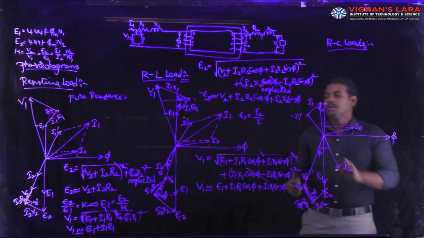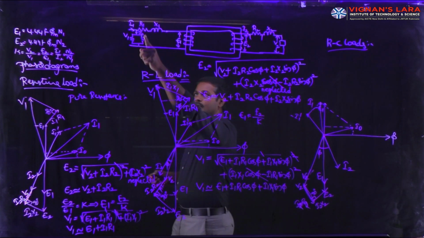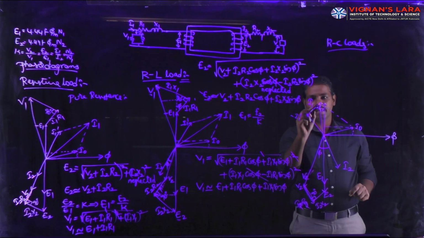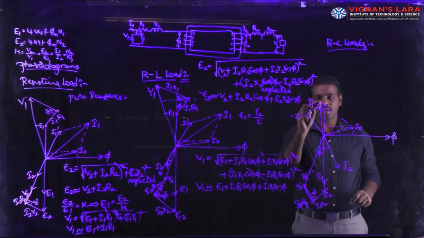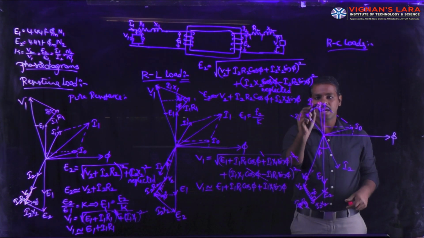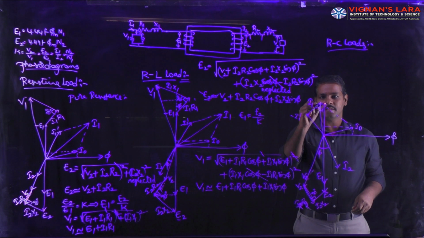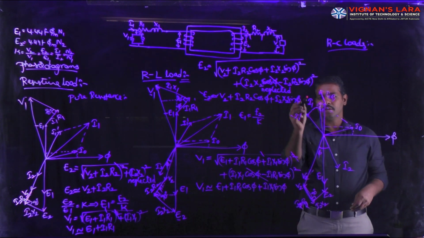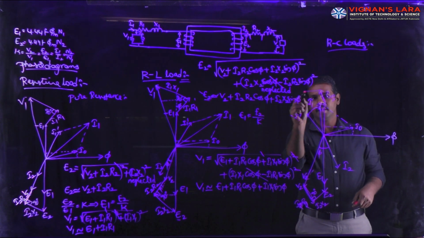Then the voltage drop across these two elements is to be added, which is I1 R1, always in phase with I1, and then I1 X1, displaced by an angle of 90 degrees.